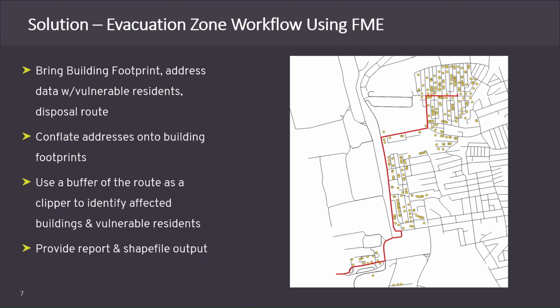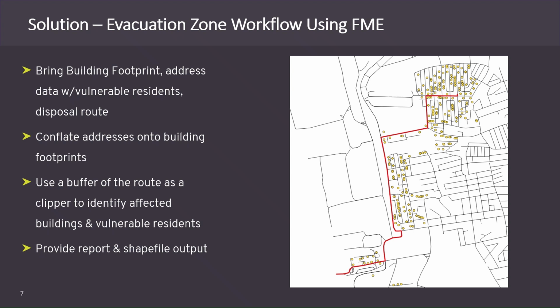And I'll show you in a bit, but then I just used FME to dummy up some vulnerable residents across the study area. And using those address points, I conflated those onto the building footprints, so we know which buildings are going to be affected by the event. And that's just done by using a buffer on the route as the clipper to identify the affected buildings and therefore the vulnerable residents in it.